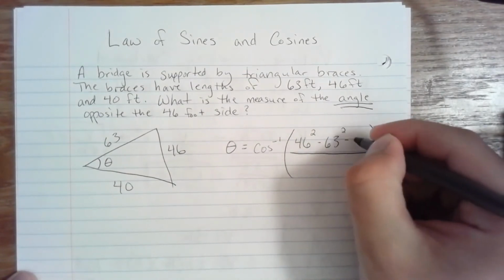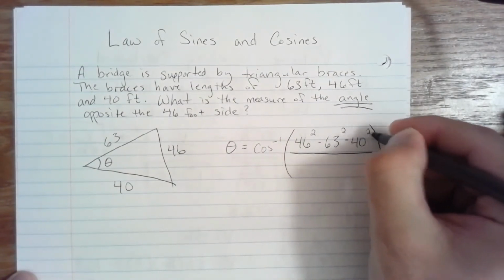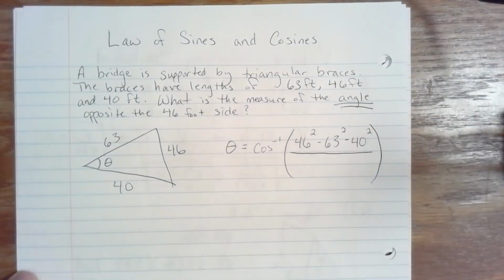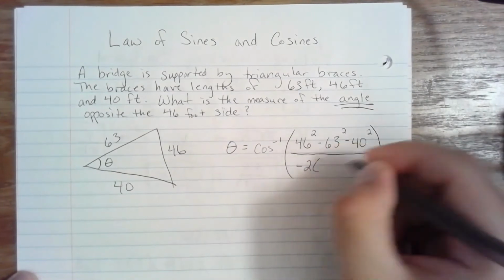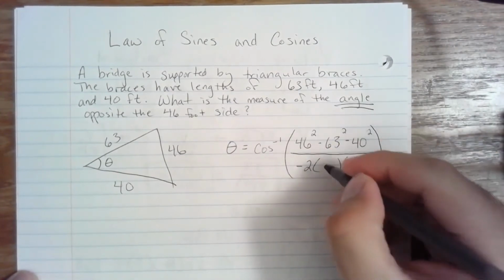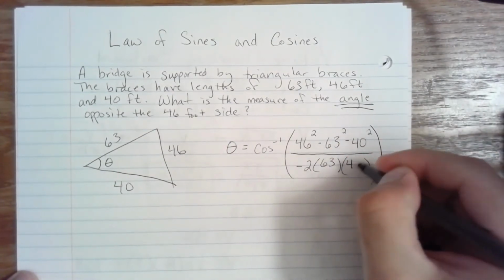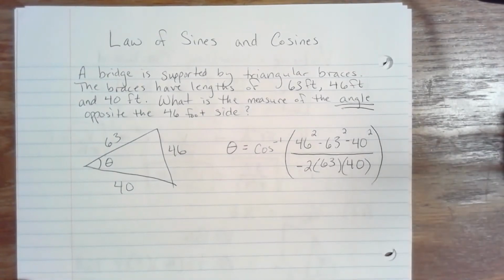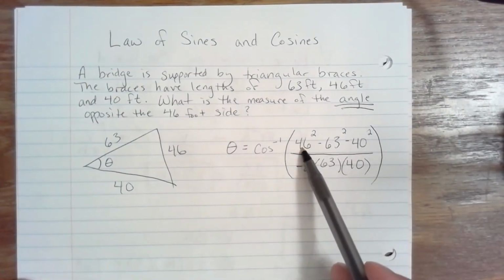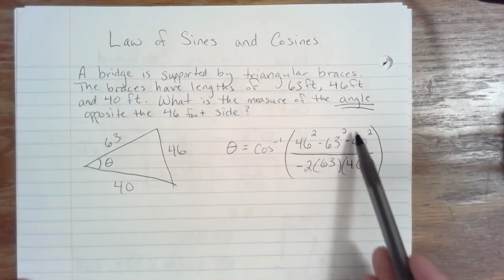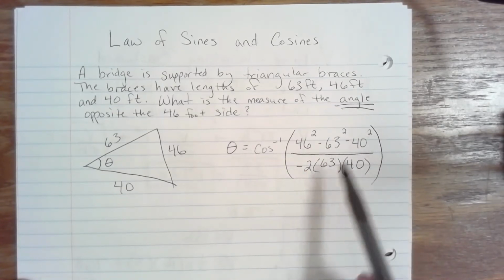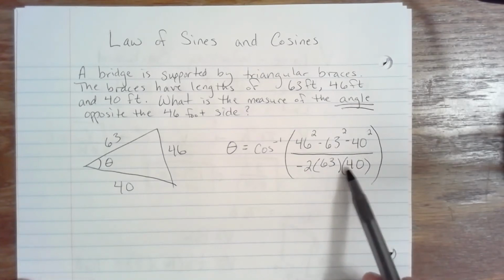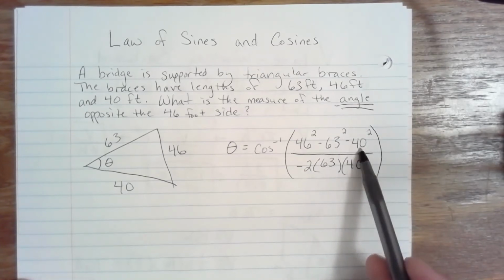It doesn't matter what order they're in, but it does matter what they are. And then on the bottom of the fraction, it's always negative 2 times those other two sides. So the top is always the side opposite your angle squared minus the other two sides squared, divided by negative 2 times those other two sides. So the 63 and the 40 are the two that were on the end here.